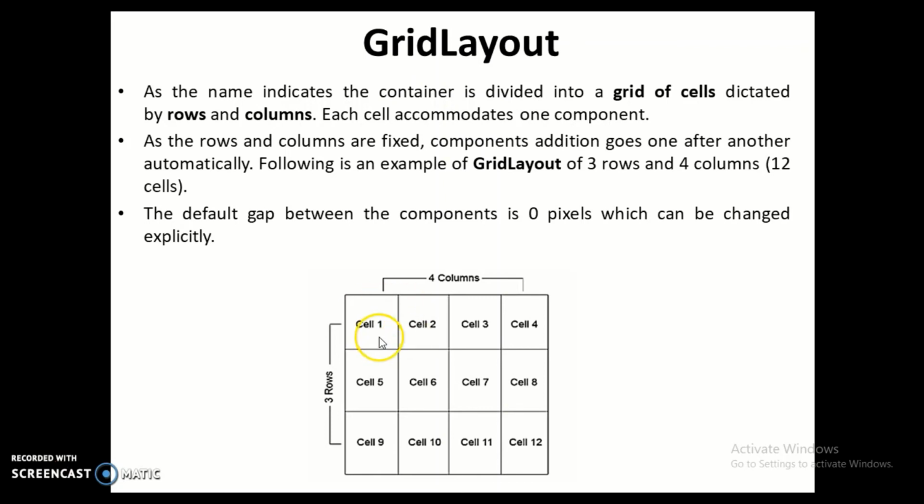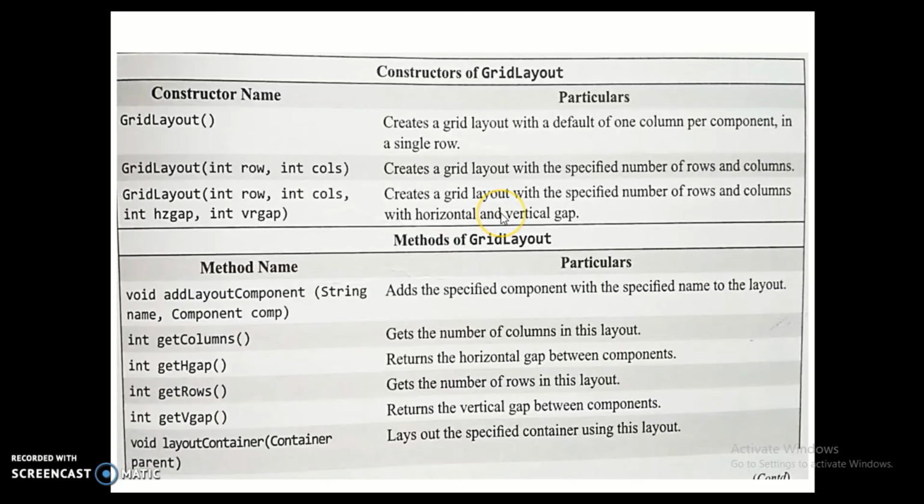You can apply this grid layout with the help of the GridLayout class, and these are the constructors that you can have inside the GridLayout class. You have to mention the number of rows and number of columns. Along with them, you can also mention the horizontal gap and vertical gap between the components.